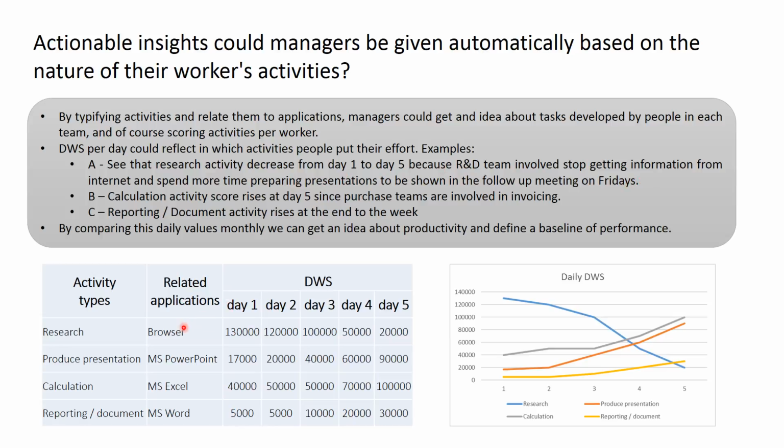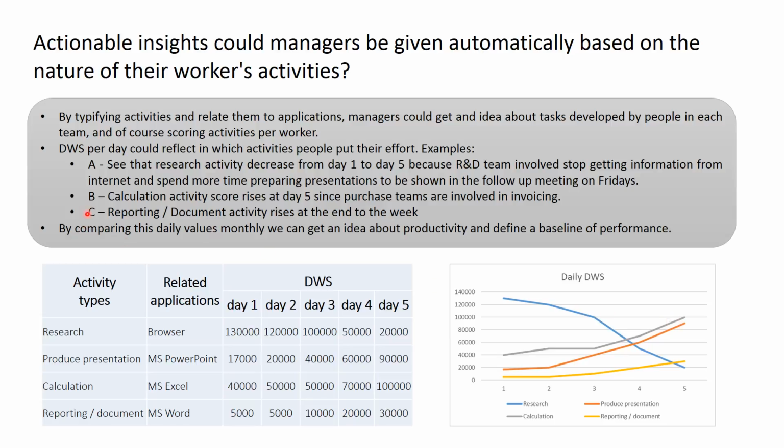So the score decreases from Monday to day 5. This can be seen in this curve, but they are also putting more effort into producing presentations, as you can see how the score is rising from day 1 to day 5, represented by the orange line here.